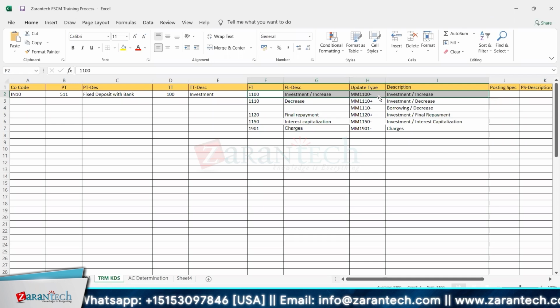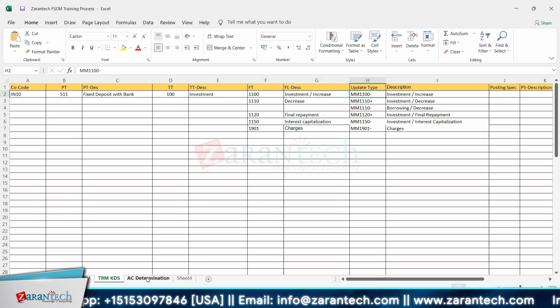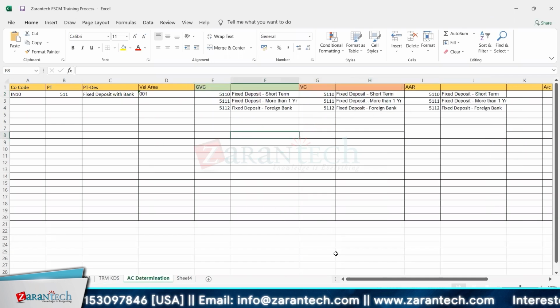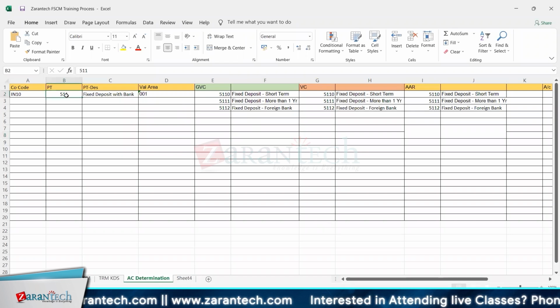Once I have the update type, next we talked about the accounting entry determination, because it will be very clear that every company has different GL accounts to manage fixed deposits.